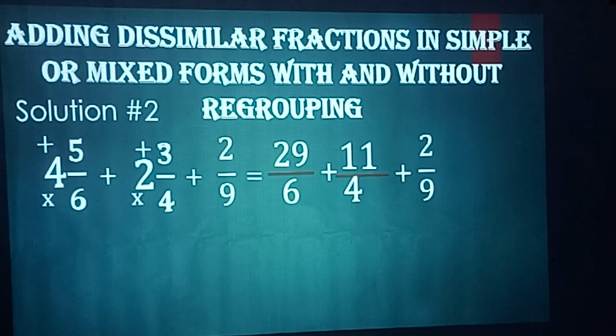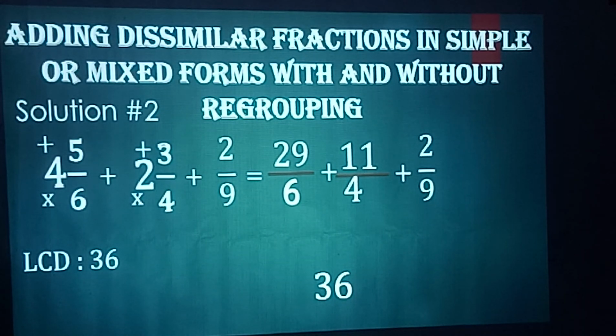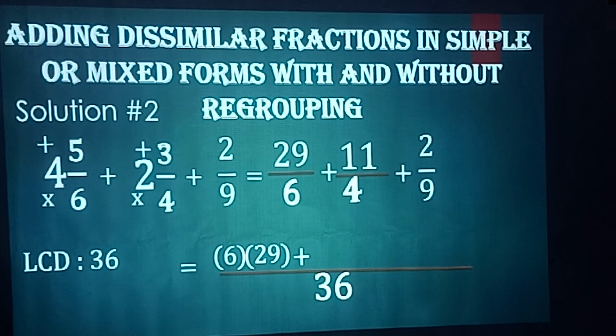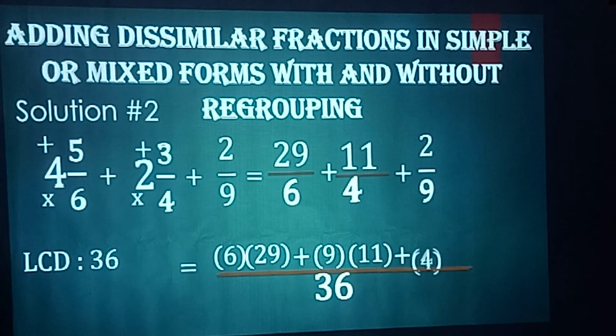We know already the LCD, which is 36, and 36 divided by 6 is equal to 6 times 29, plus 36 divided by 4 is equal to 9 times 11, plus 36 divided by 9 is equal to 4 times 2. Okay?